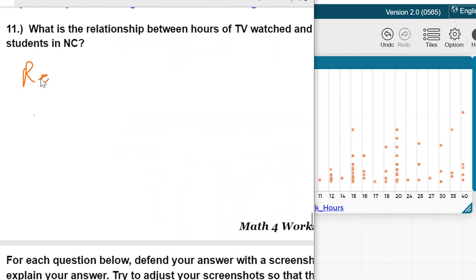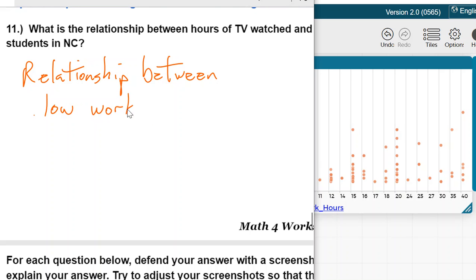There's a relationship between low work hours and high TV hours.